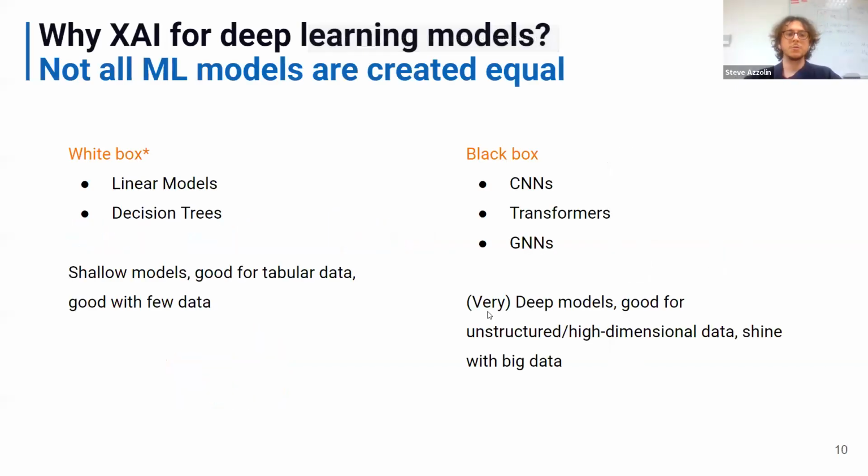To tell you that indeed not all machine learning models are created equal. We can identify two main families from an explainability point of view: the white box models and the black box models. The white box ones are, for example, linear models like the logistic regression that we saw in the notebook, which is a pretty simple model and it's fairly interpretable, as we saw, and also decision trees.